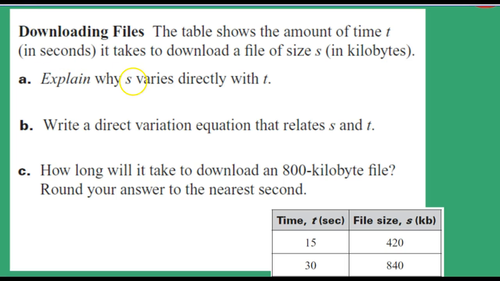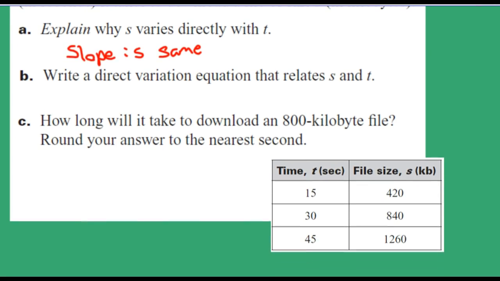Well, we said that s is the size and t is the time, so we know that as the size gets bigger, the t is also going to get bigger, because as a size goes up, it's going to take longer. So s and t vary directly because our slope is the same. As the size goes up, the t also goes up.